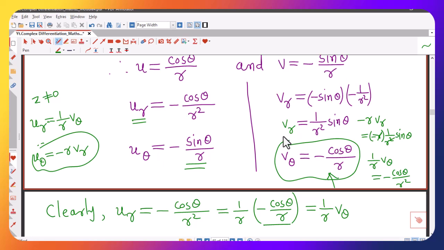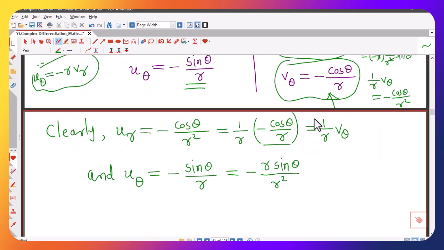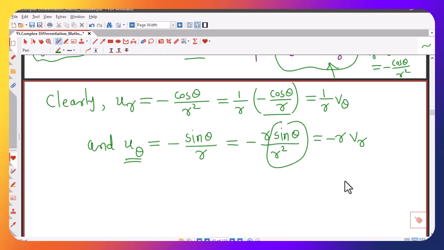It is sin theta divided by r square. So if I rewrite in this way, here I have minus r and this is del v by del r. So this equation del u by del theta equal to minus r del v by del r is also satisfied at every non-zero point.